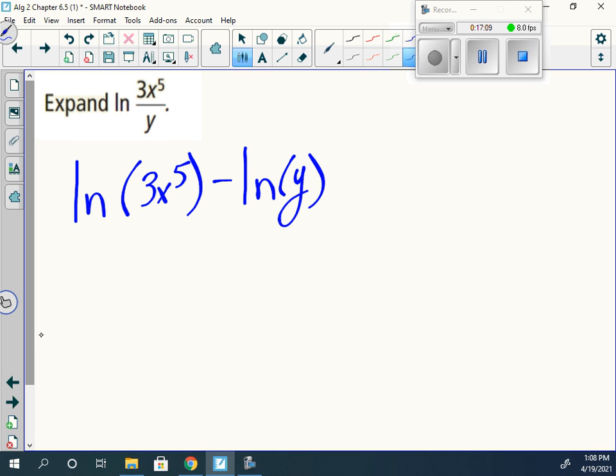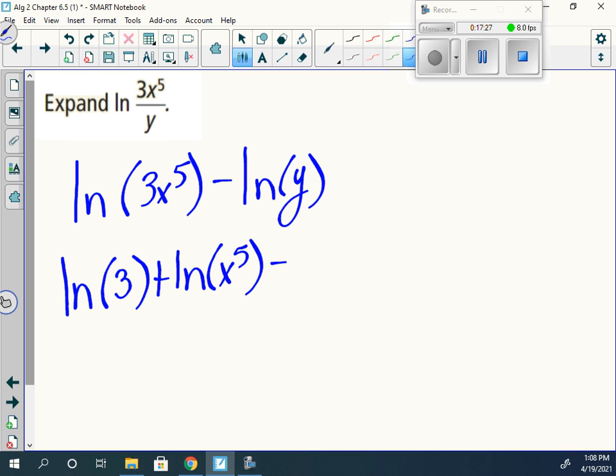Do we have any other division taking place? Well, no, because it was just those two. But do we have any multiplication? Well, yes, we have 3 times x to the 5th, and we can rewrite it using addition. So we can split up the natural log of 3x to the 5th into the natural log of 3 plus the natural log of x to the 5th.